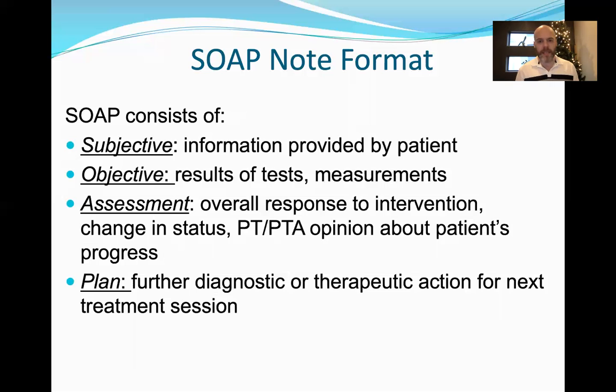PTA feels that the patient needs to continue sessions to address strengthening to get back to work, or to address pain so he can get back to sports. You need to say something in the assessment section that's functional about that patient's goals and what's important to them.